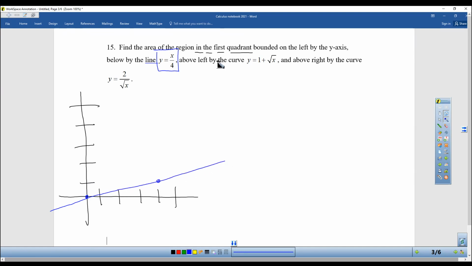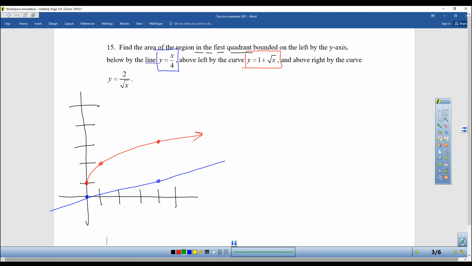It's bounded above and on the left by the curve 1 plus the square root of x. So I move that up 1, but then square roots are 0, 0, 1, 1, 4, 2, which is up 1. So that's going to be my red curve.